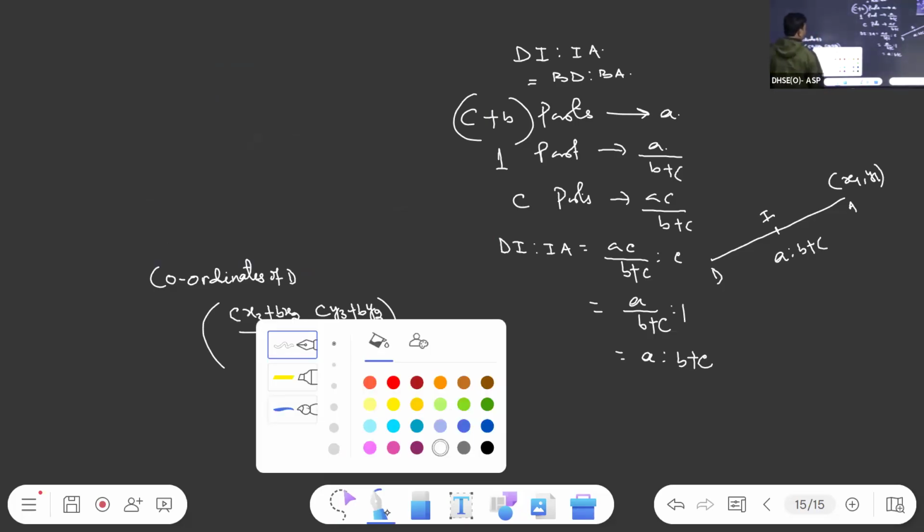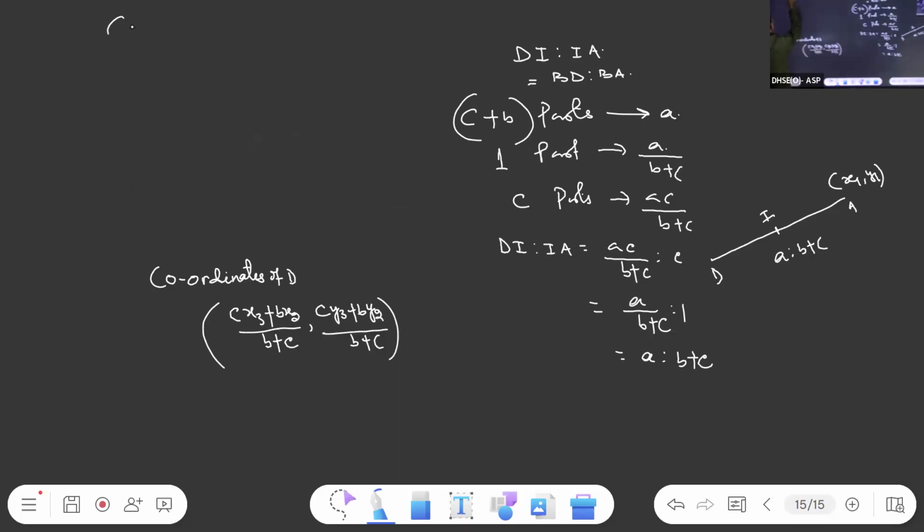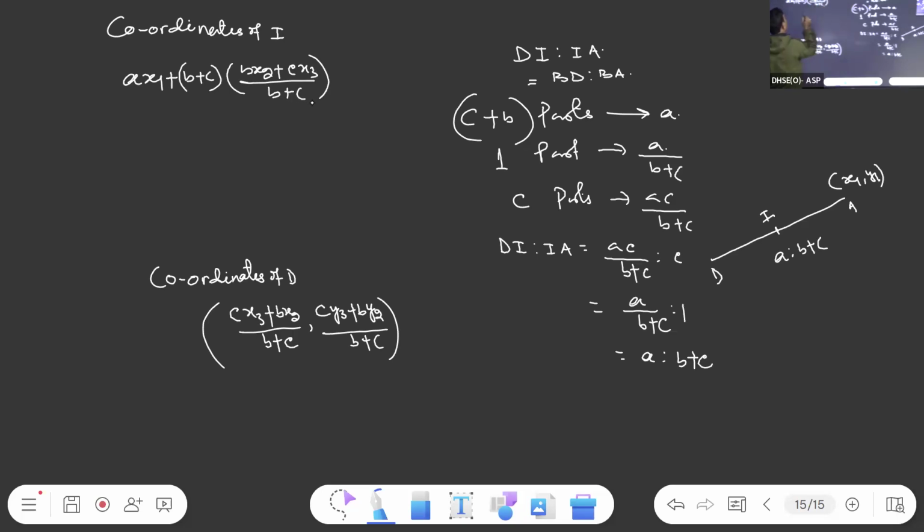By the internal division formula, coordinates of I: A into x1 plus (B plus C) whole into (B x2 plus C x3) by B plus C, divided by A plus B plus C. This is the x coordinate.